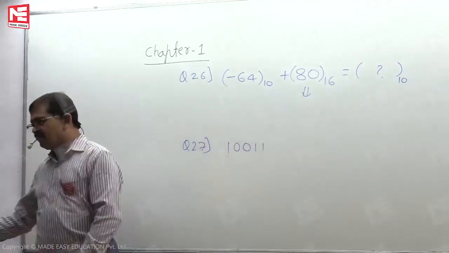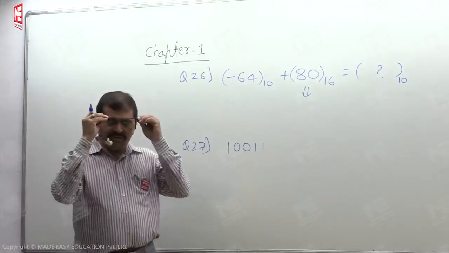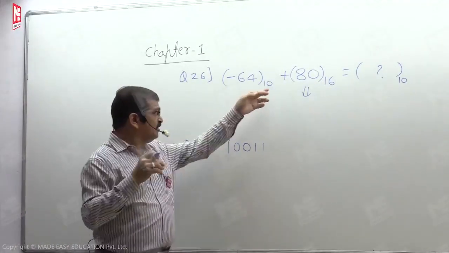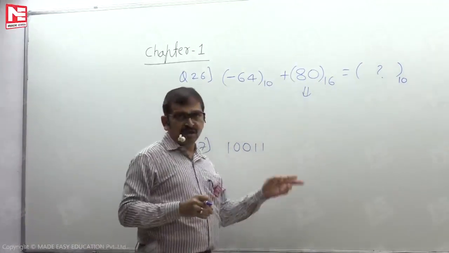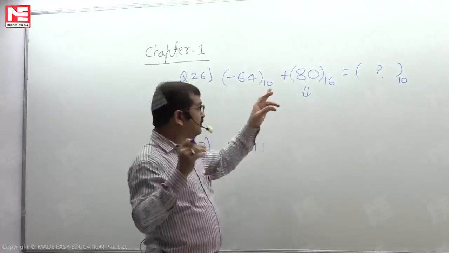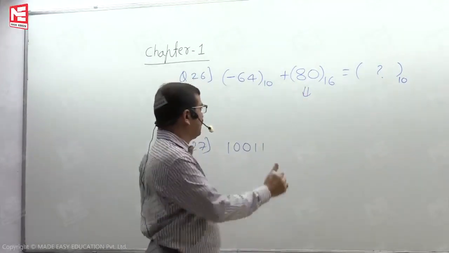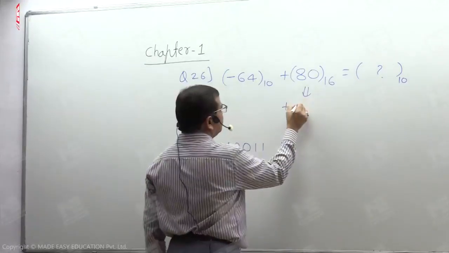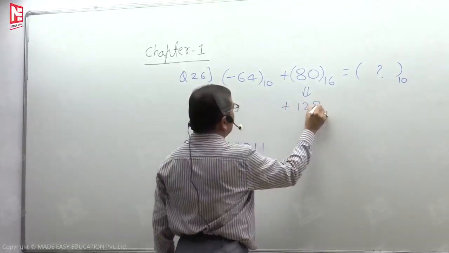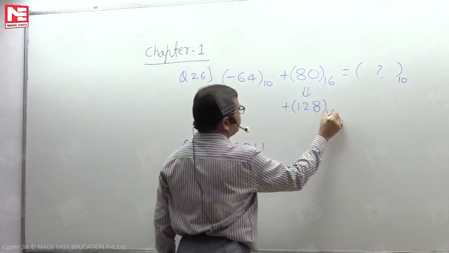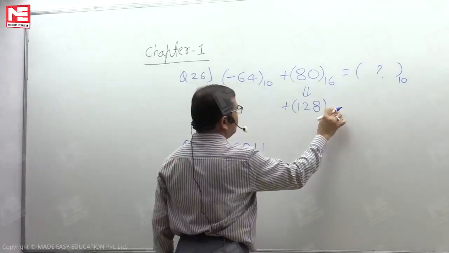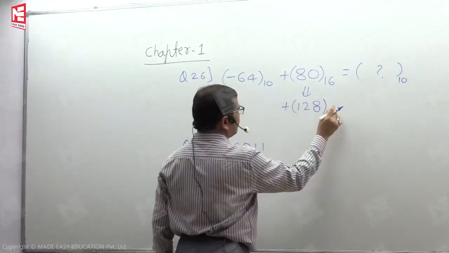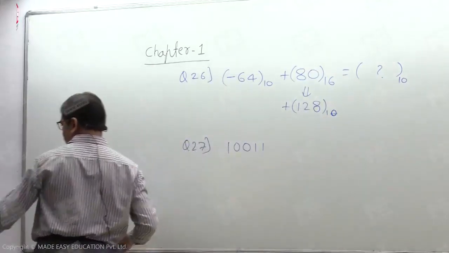The number which is not a decimal number we need to convert into a decimal number. If you convert this into a decimal number, it will be 128. Sorry, 128. Now it's a decimal number.